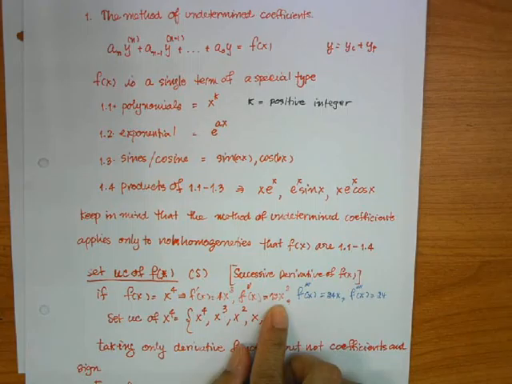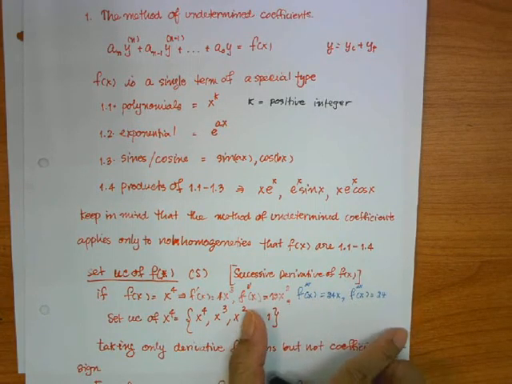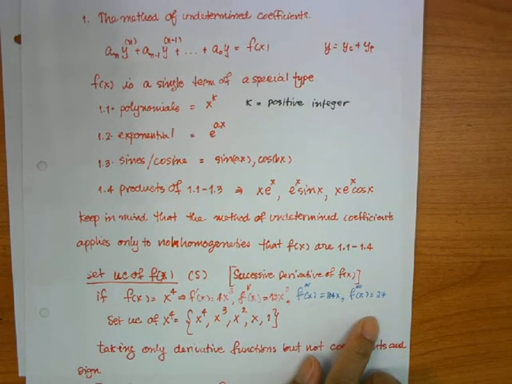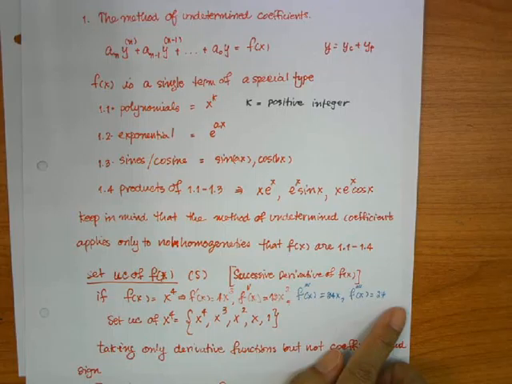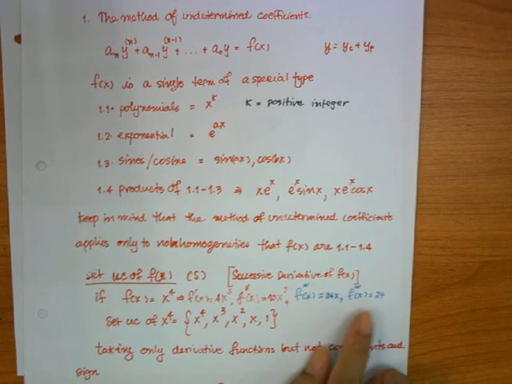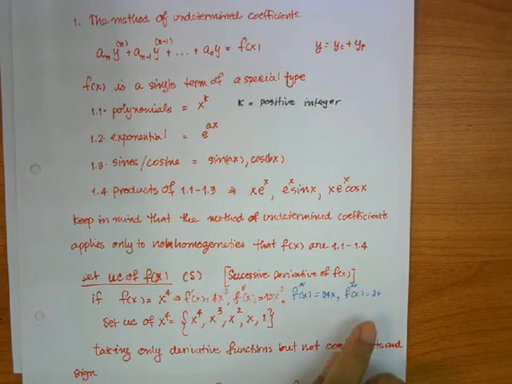The third derivative is 24 times x. And the fourth derivative is 24. How about the fifth one? If you take more derivatives, the fifth time, what do you get? 0. So it stops there at the constant.